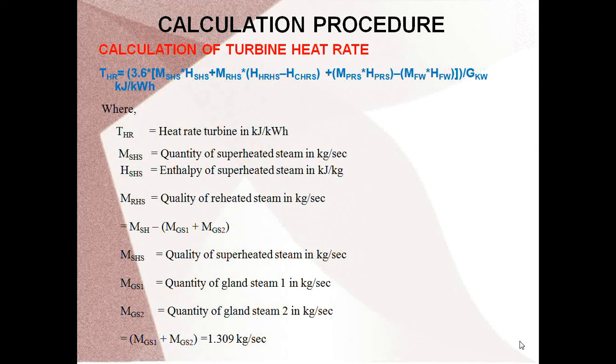The unit is kilojoule per kilowatt hour, where THR equals turbine heat rate in kilojoule per kilowatt hour, and MSHS equals quantity of superheated steam in kg per second. HSHS means enthalpy of superheated steam in kilojoule per kg.